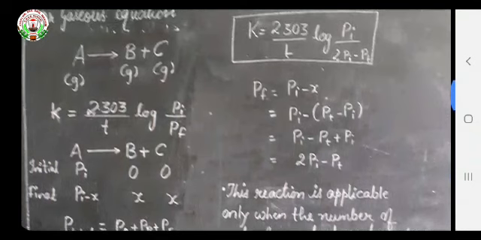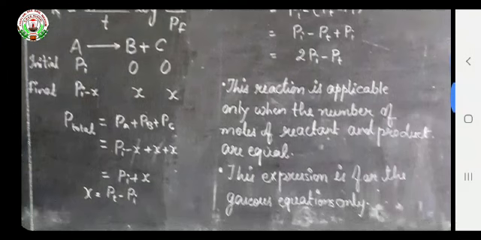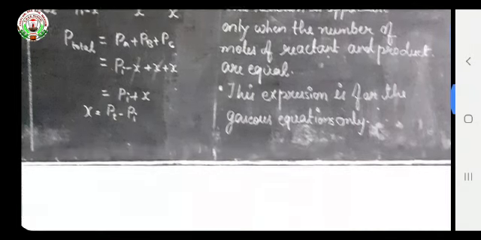See here in the above equation, we have 1 A, the coefficient is 1 in reactant, and in the product we also have 1 mole for B, 1 mole for C. It means all are equal, that's why it is applicable for this type of reaction. Second, this expression is applicable only for the gaseous equation. These are the things we have to keep in mind.